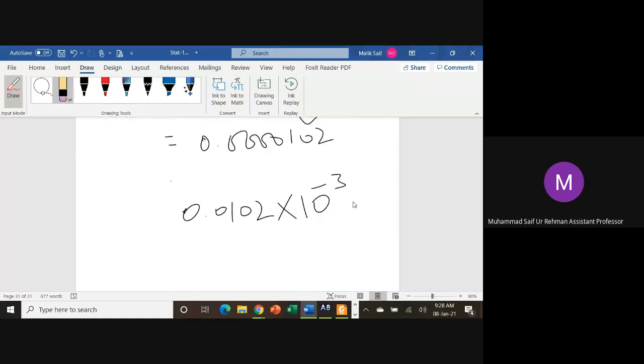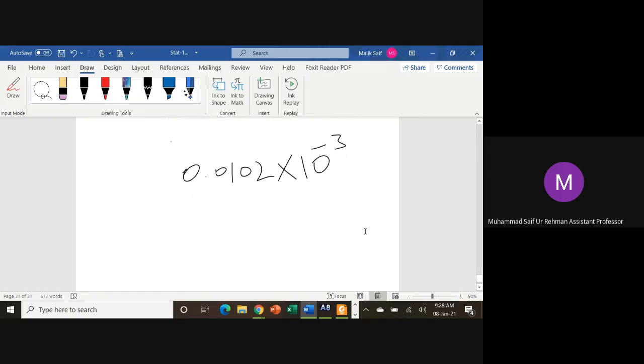So what you have to do, you have to see that this is minus 3. So first of all, you will write down the point for the first value, and then 0, 0, and 0.